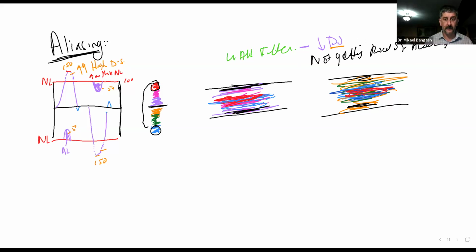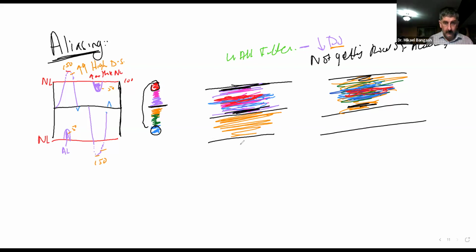What was aliasing primarily? Doppler shifts beyond our Nyquist limit. Now what may happen, let's say we had a neighboring vessel here, something like this.